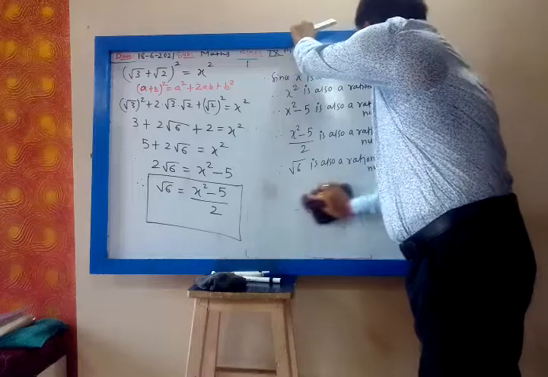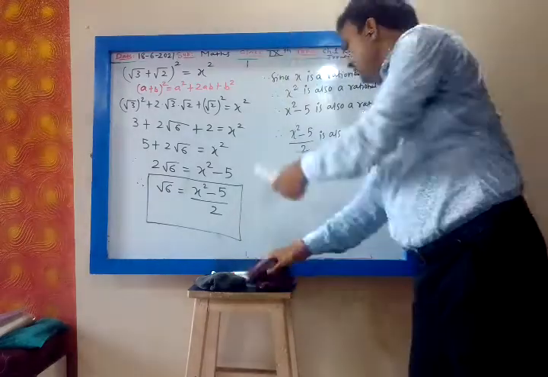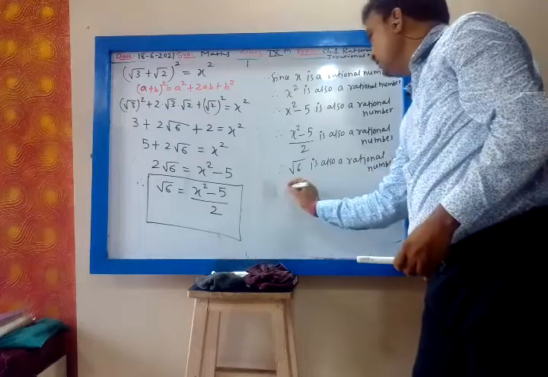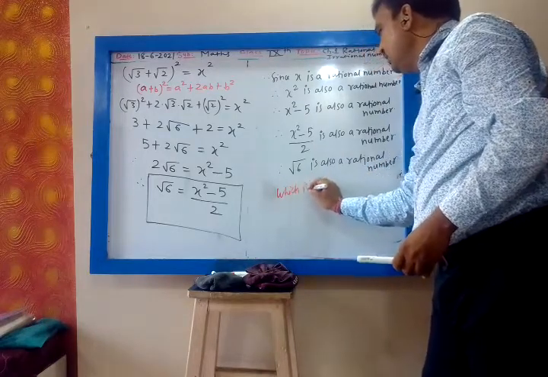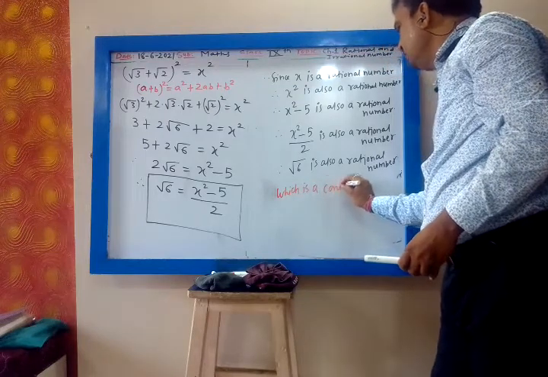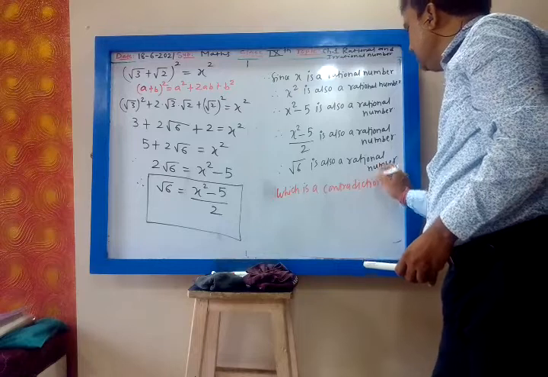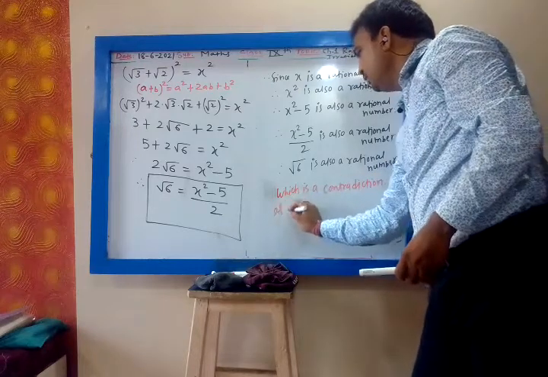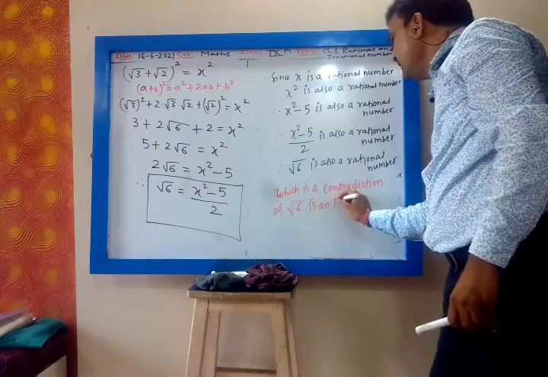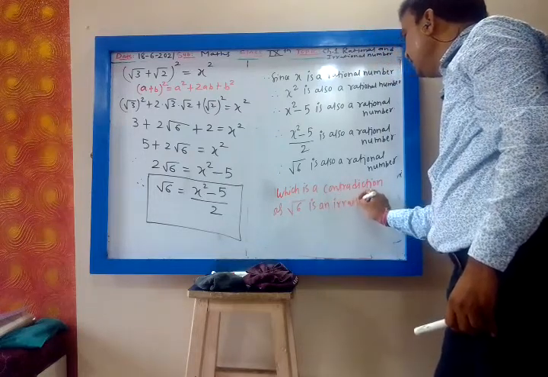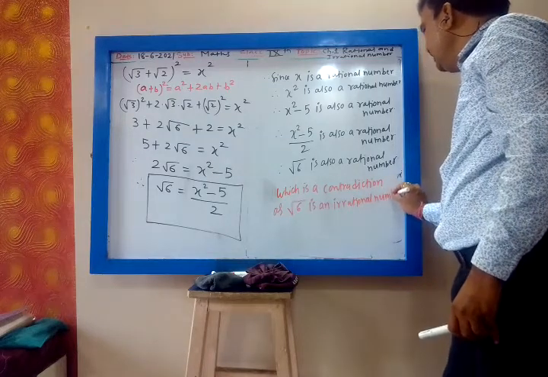So root 6 is a rational number, which is a contradiction. You have to write down the reason below: as root 6 is an irrational number. We are getting root 6 as a rational number, which is a contradiction because root 6 is an irrational number.